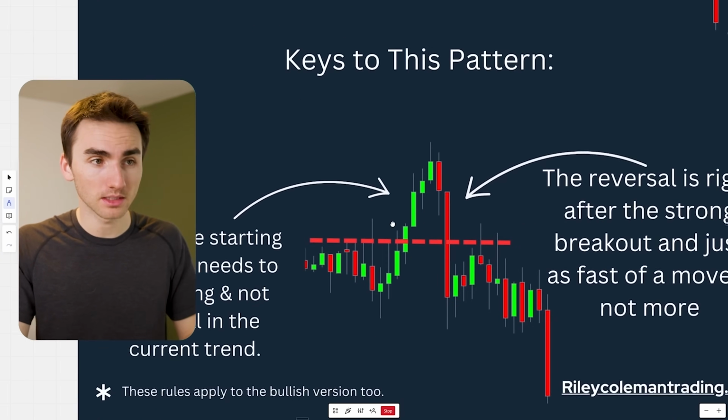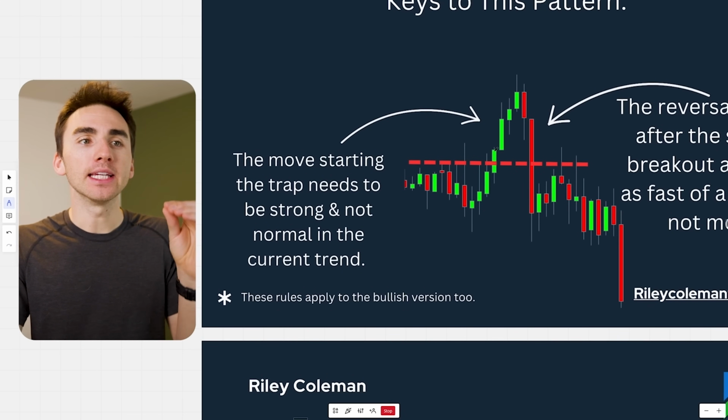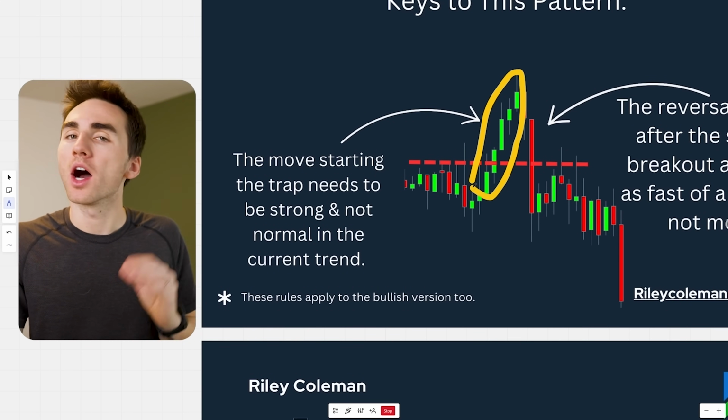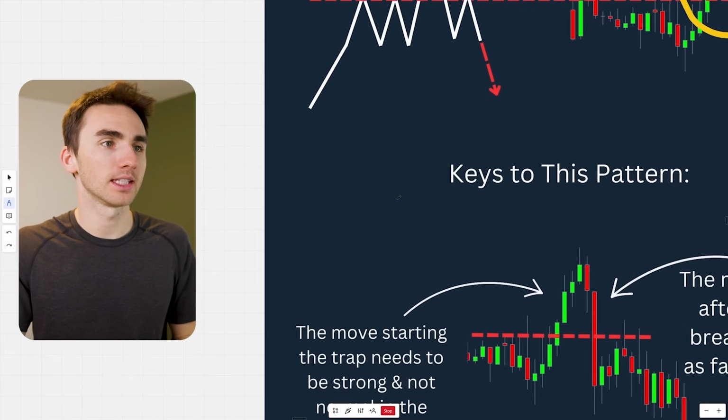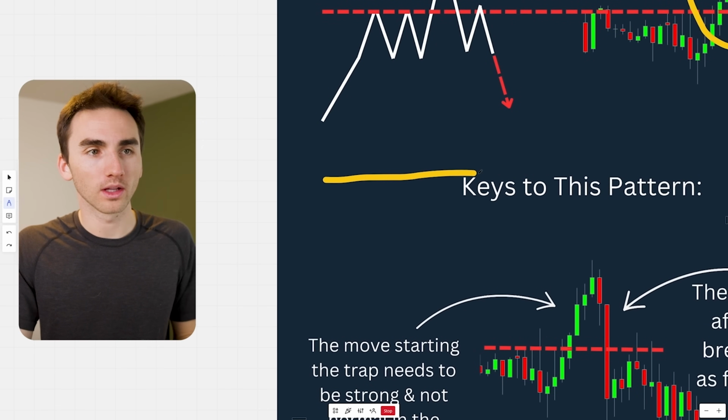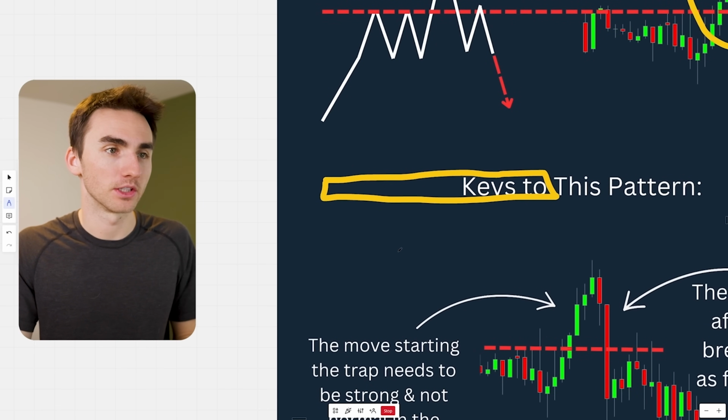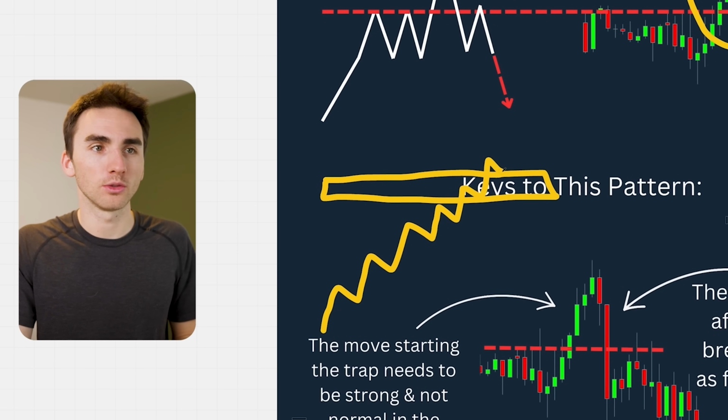The key to this pattern is it's best that this move is not normal. Let's say you have a support or resistance level up here, and you're just in an uptrend right here, and it's just continuing higher.